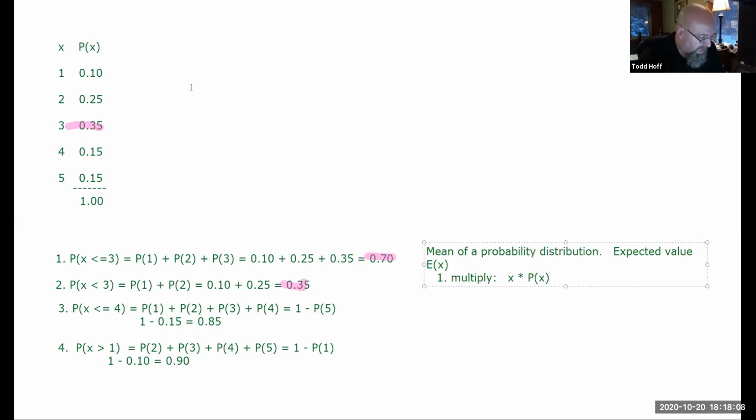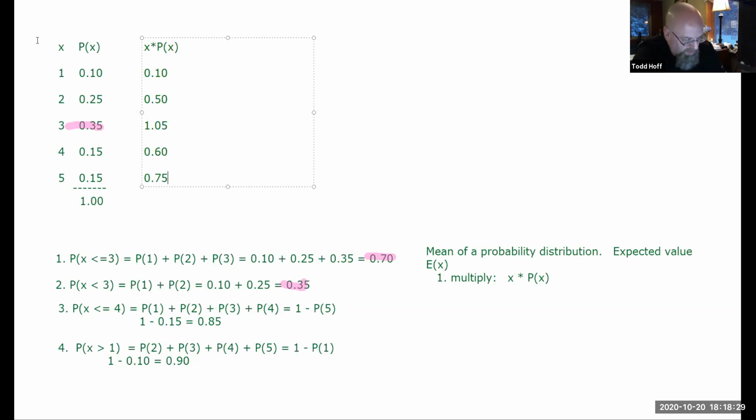So let's go up here and do that. Let's add that column. So 1 times 0.1 is 0.1, 2 times 0.25 is 0.50, 3 times 0.35 is 1.05, 4 times 0.15 is 0.60, and 5 times 0.15 is 0.75.